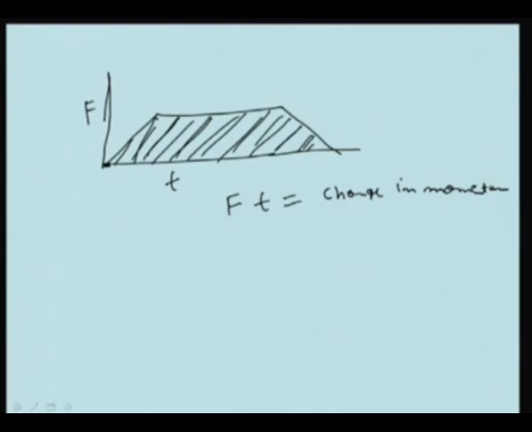You may have problems of the kind where the mass is changing. Suppose you have a cart in which you are putting some sand through a hopper at some rate, that is c kilogram per second.